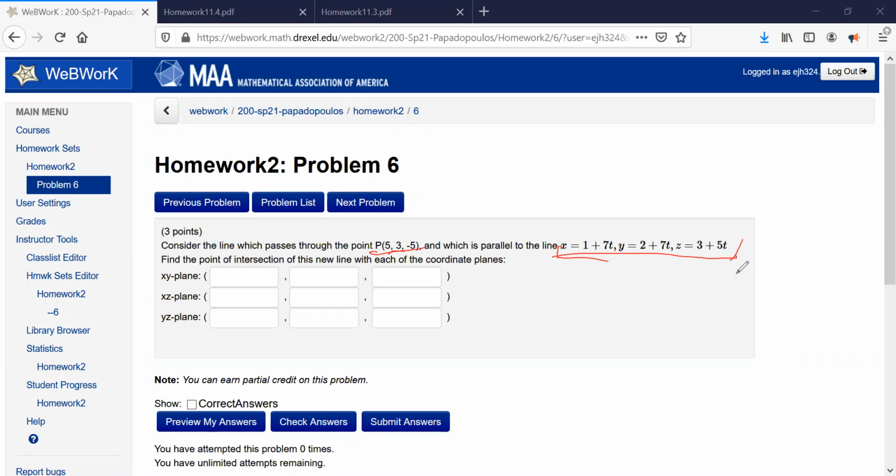It means that they have to have the same slope, and their slope for these guys is just that coefficient that's attached to t, right? But then it can be off by a constant. So the general form for anything that's parallel to this is going to be x is equal to x naught plus 7t. Y is going to be equal to y naught plus 7t, and z is going to be equal to z naught plus 5t.